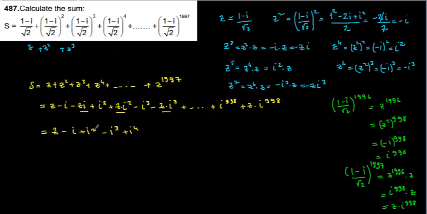When the power is even, it's going to be positive. So this is positive, the next one is going to be negative, minus i to the power of 5, and it's going to continue like this till the last one, which is equal to i to the power of 998.